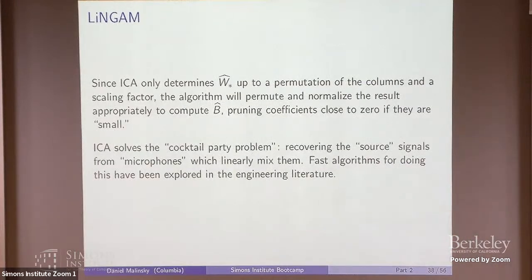Basically, this ICA-based procedure will estimate W hat, then look at various permutations of that estimated matrix, normalizing the results and trying to say that the really small entries of that matrix are zero, right? There's going to be some thresholding because you'll never estimate exact zeros. So you have to prune the coefficients close to zero and then work backwards to a B hat.